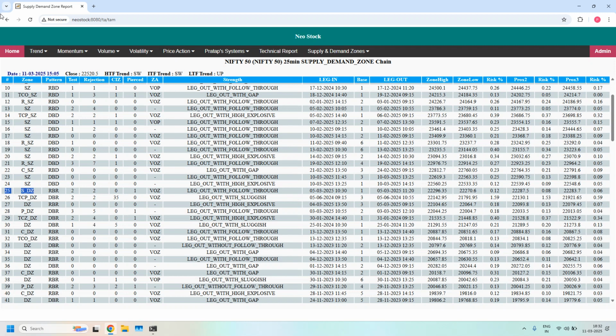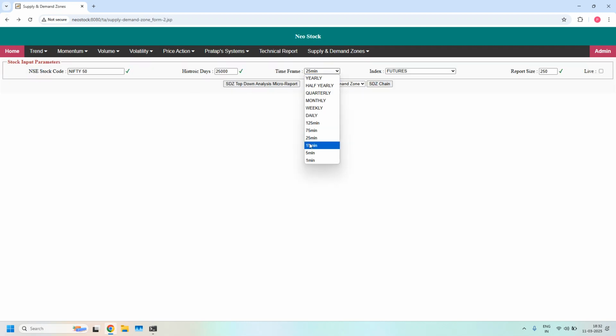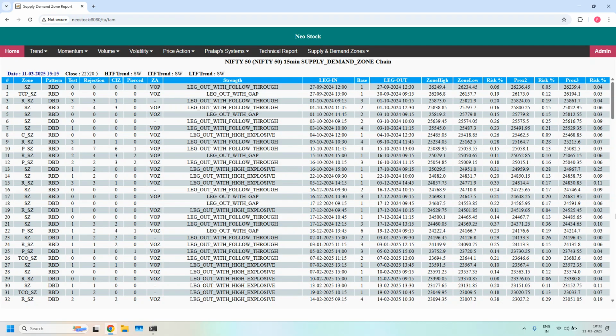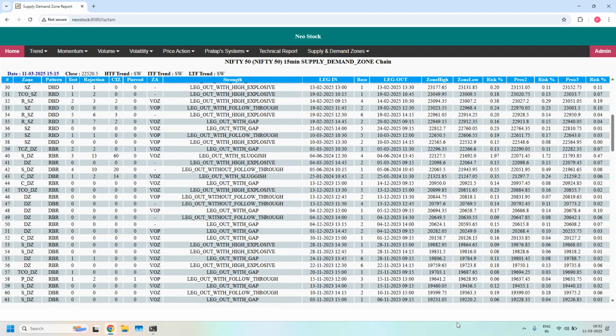Okay, next, 15 minutes supply demand zone chain for NIFTY. All these are all supply zones. I'm scrolling the list down. This is the nearest demand zone to the current closing price. Let me adjust in the center.